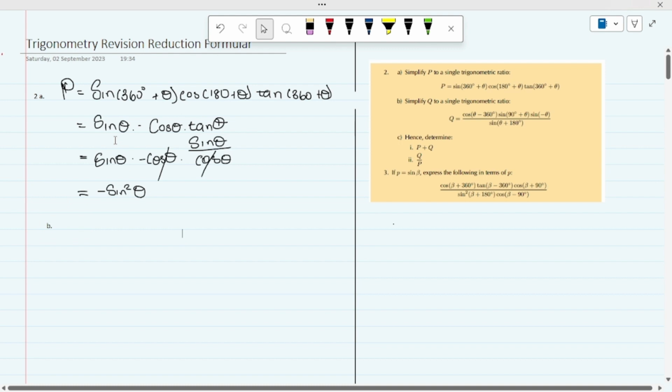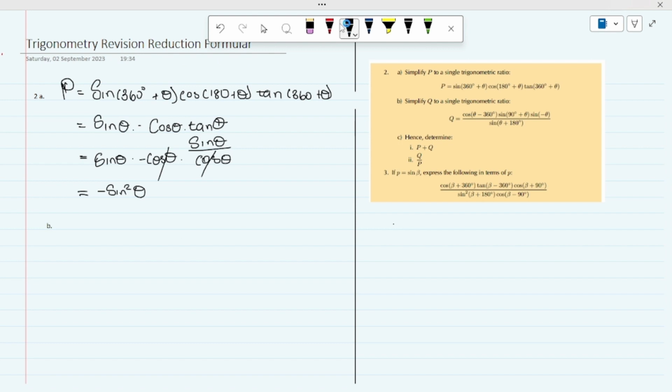Right, so now let's do b. Question B says simplify q to a single trigonometric ratio. So this is q.